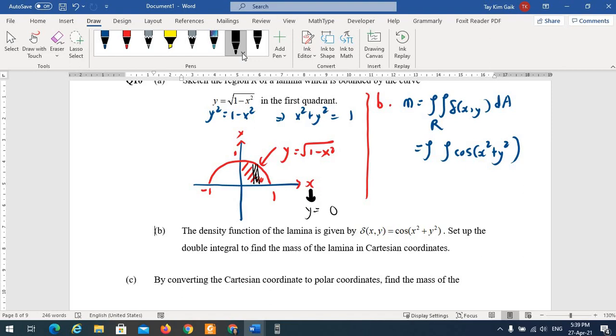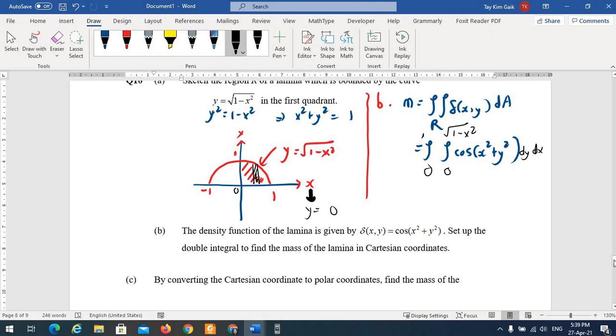The vertical bar enters at y equal 0 up to y equal square root 1 minus x squared. So we use dy dx. So y from 0 up to square root 1 minus x squared. In the first quadrant only, so x from 0 up to 1. So this is the answer for question B.